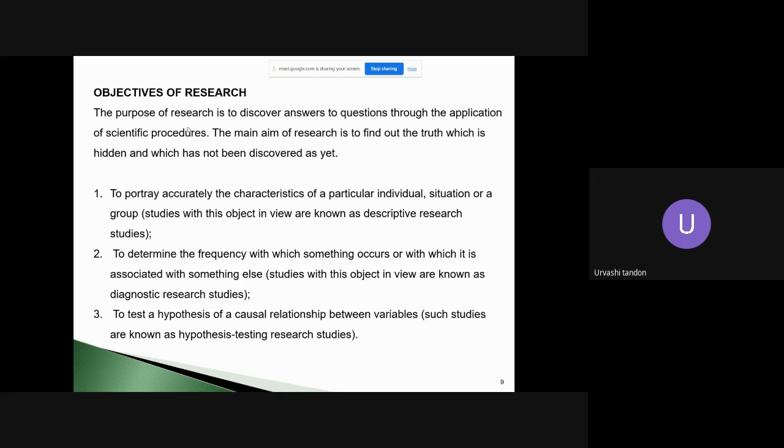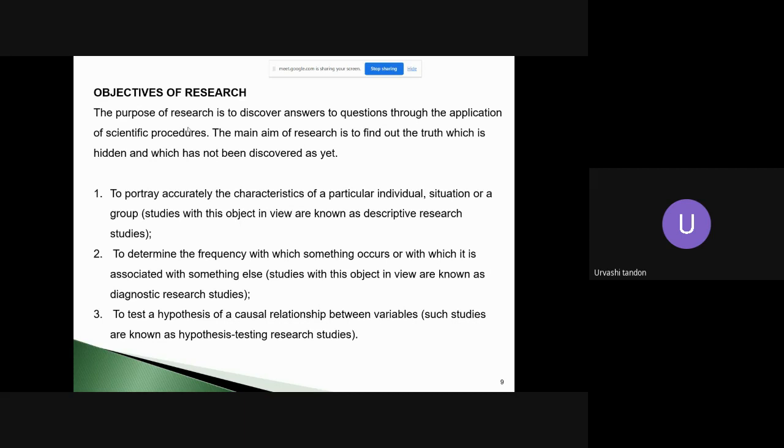And to test a hypothesis of a causal relationship means, suppose you are using a particular mobile application, whether that mobile application is improving your health, your weight or something. Let's say, Healthify Me is a very common application which everybody knows, right?